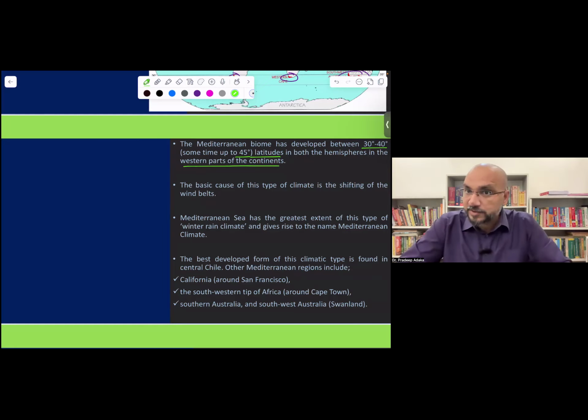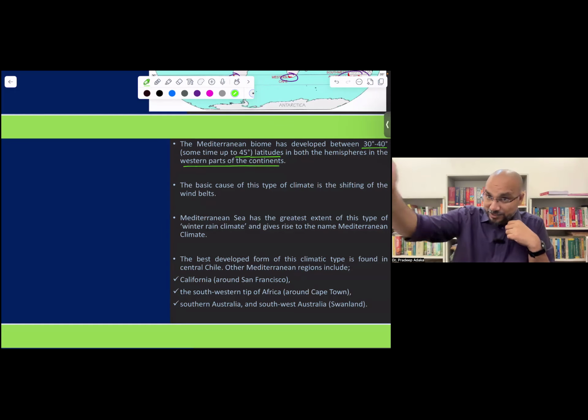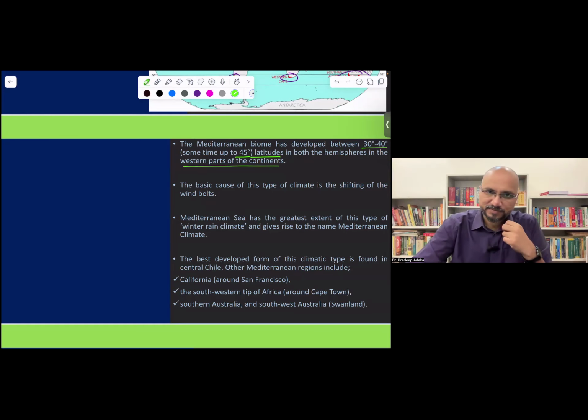Western parts of the continents generally receive less precipitation than eastern parts. That is the reason why on the western parts you have tropical deserts. Because the winds, the easterlies, blow from east to west in the tropical region.